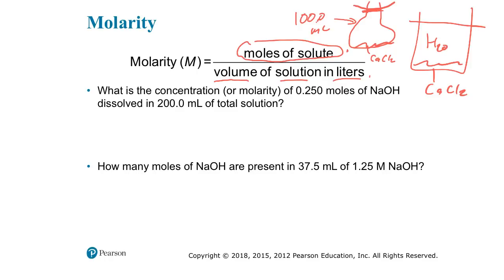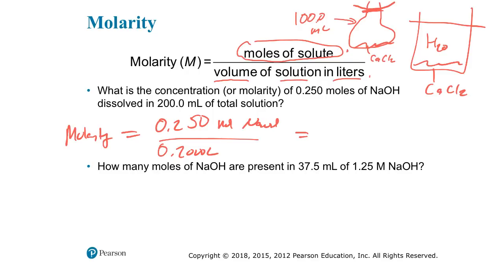So let's take a look at a couple examples here. What is the concentration or molarity if we were to take 0.250 moles of sodium hydroxide and dissolve that in 200.0 milliliters of total solution? This is very easy. To calculate the molarity, we would just take the moles of solute divided by the volume in liters.